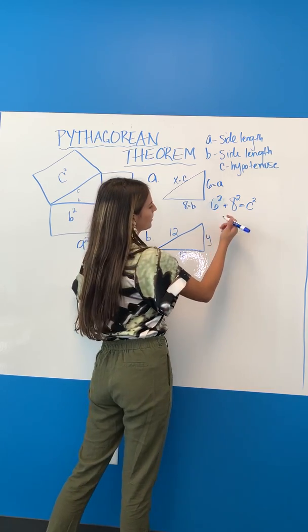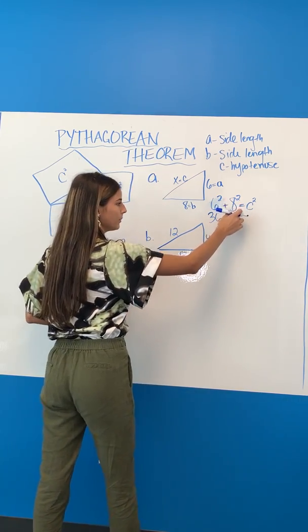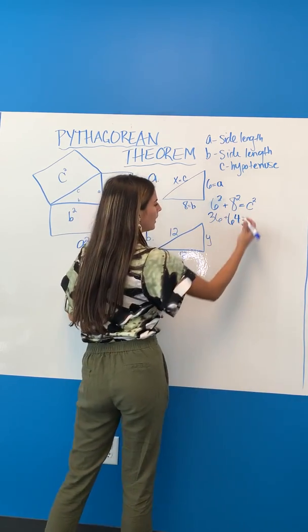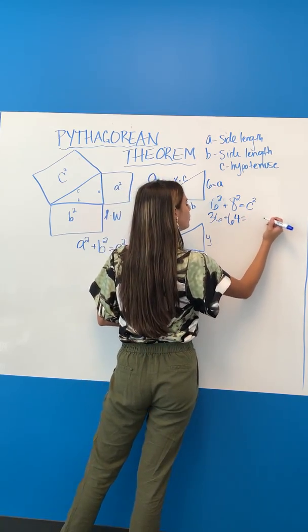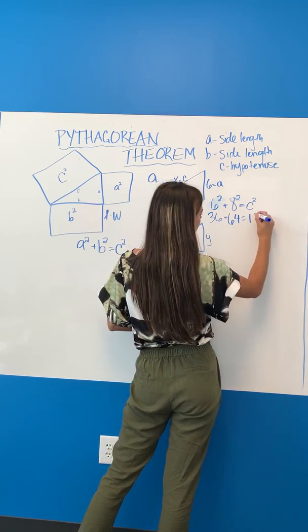Now 6 times 6 is going to be 36, 8 times 8 is going to be 64, and that is going to be equal to c squared, or 100.